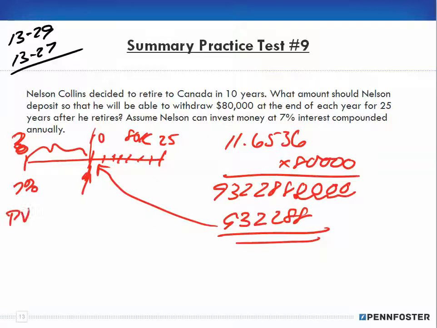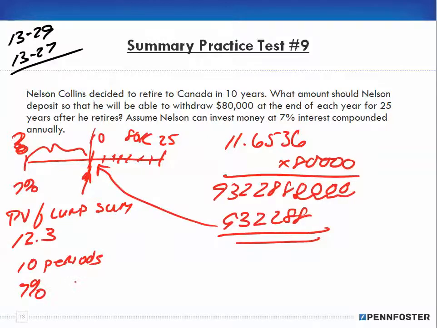So we're talking about the present value of a lump sum, and we're going to use table 12.3. We look up 10 periods at 7%, and we find that the factor is 0.5083.